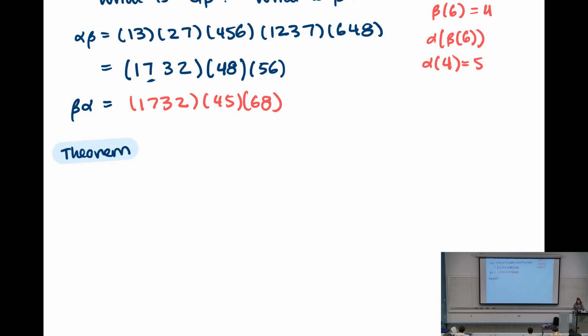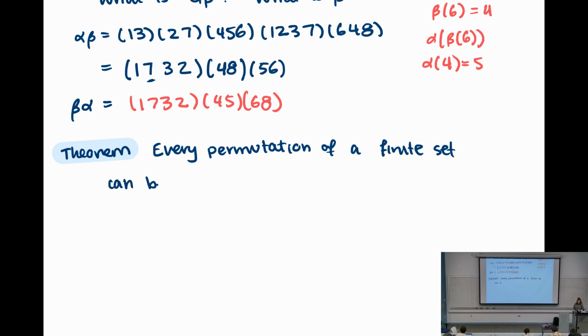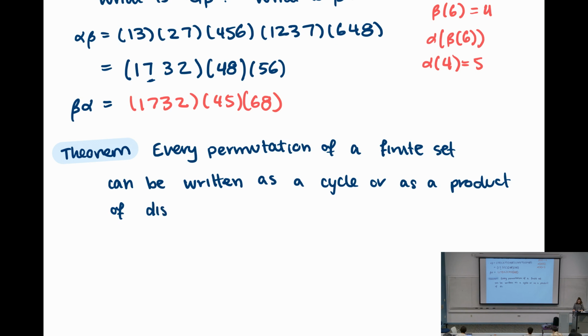It says that every permutation of a finite set can be written as a cycle or as a product of disjoint cycles. Okay, so this is actually telling us that this will work.